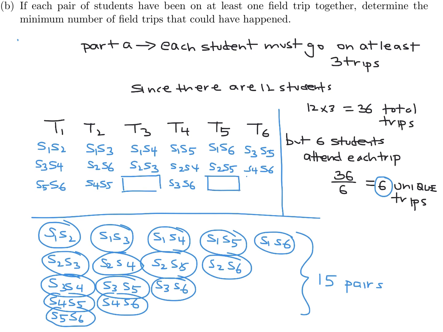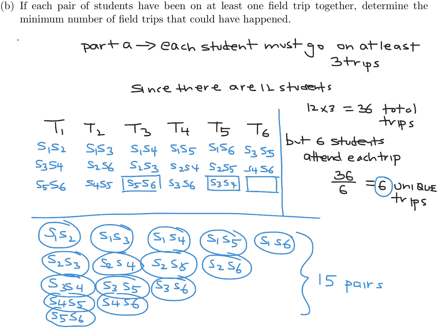We want to fill them up. And I guess we can just put extras, anybody. So this one, we've already used 1, 2, 3, and 4. So S5 and S6. These are just extras. For here, 1, 2, 5, and 6 have already been used. So S3, S4, they can go on trip number 5.